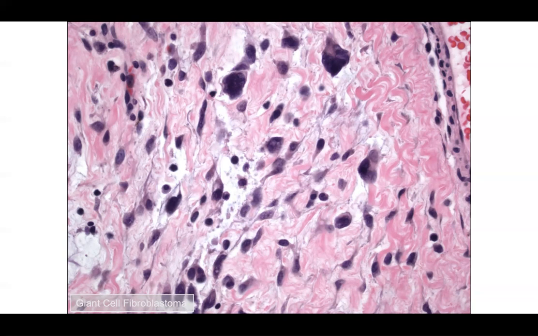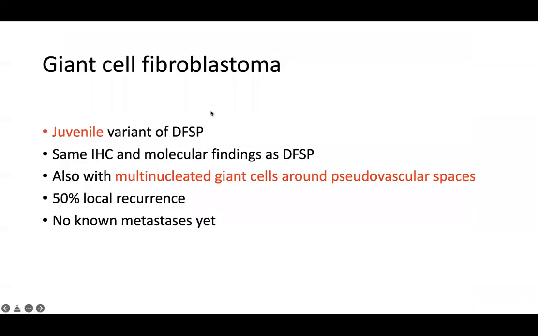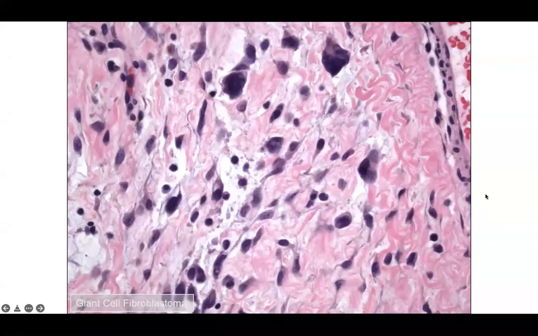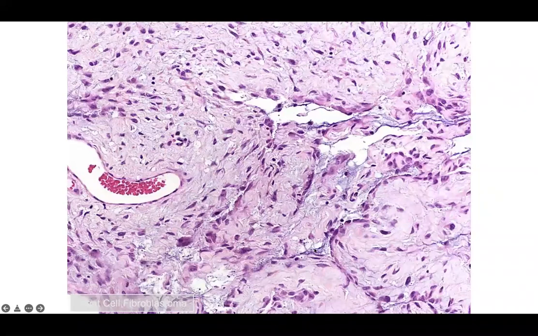So you'll see areas that look like a fibroblastoma because you see this wavy collagen in the background, and then these giant cells. Another example of a giant cell fibroblastoma, at intermediate power. So you see more giant cells spread across the tumor with this fibromatosis background.